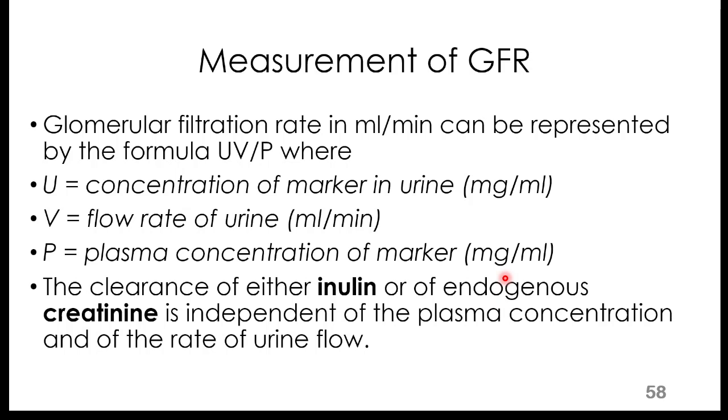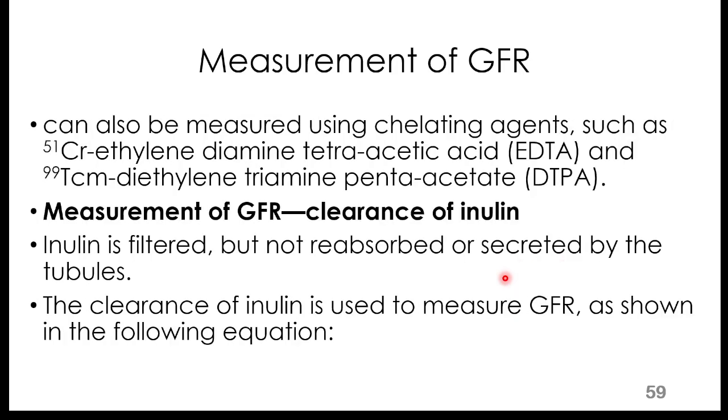Inulin will be the preferred method, but it's not routinely used in clinical practice because it's not a very convenient process to do. But inulin will be the ideal substance to use. When you measure its clearance, then you can calculate the GFR from that.